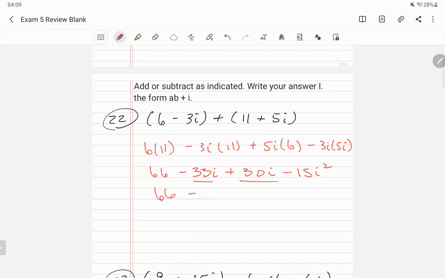So that's going to give you minus 3i. And then here we get minus 15 times a negative 1 from the i squared.